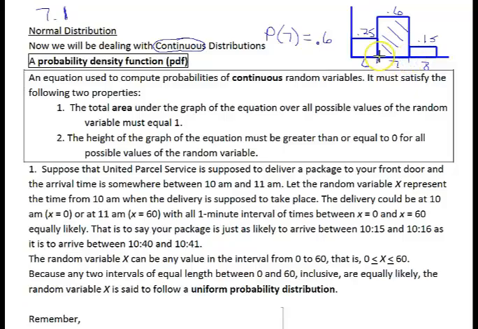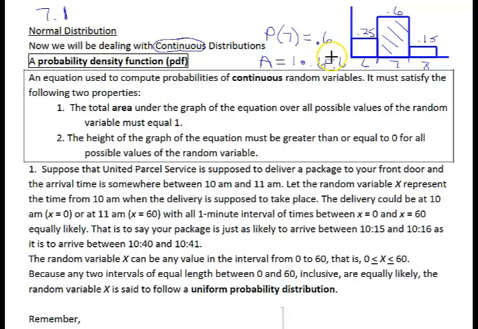So that base is 1. So the area is going to be 1 times however high it is. It's 0.6. So the area is 0.6, which is exactly what the probability is.